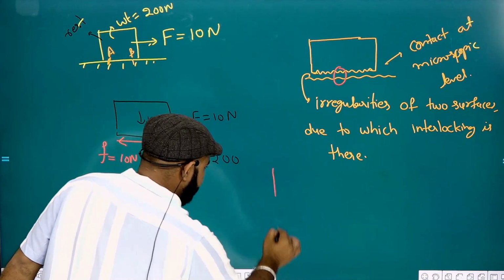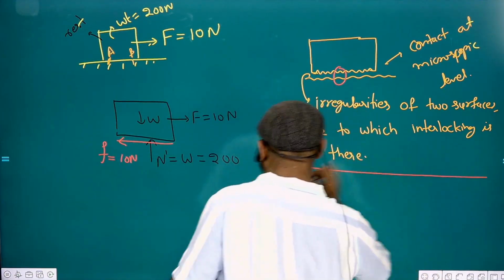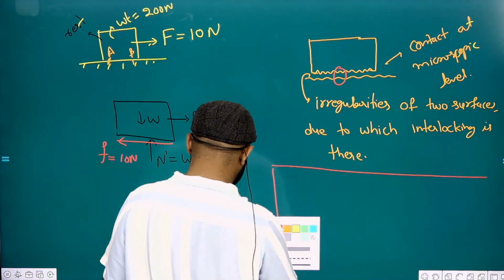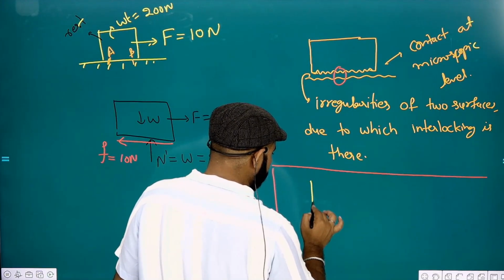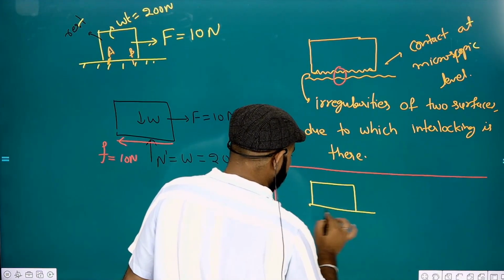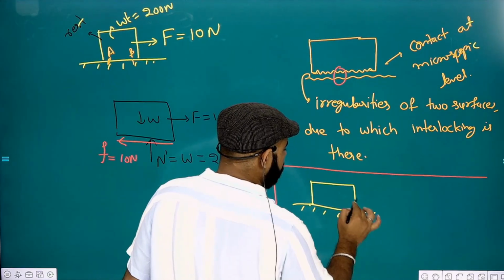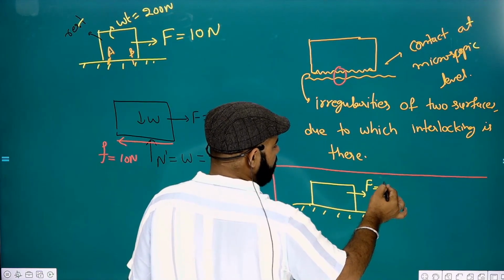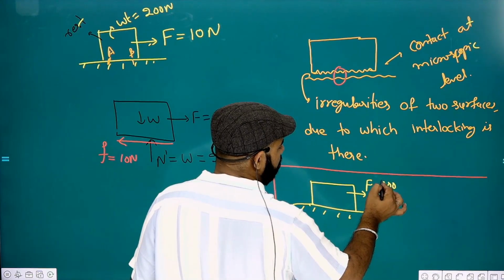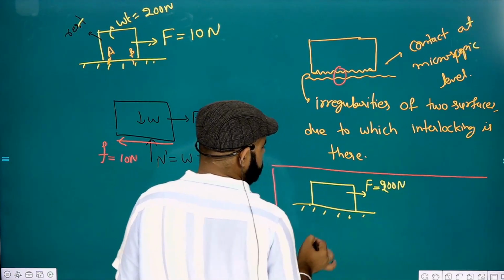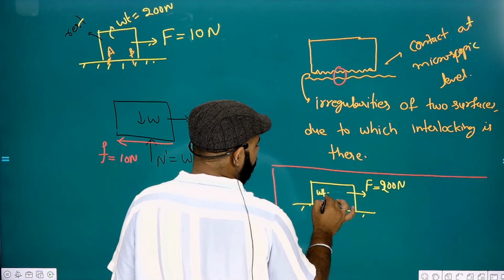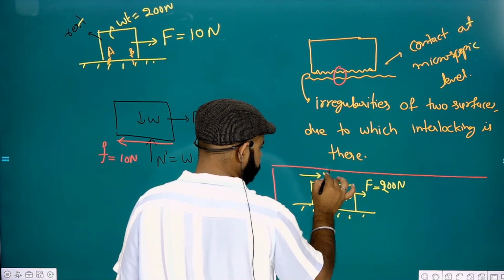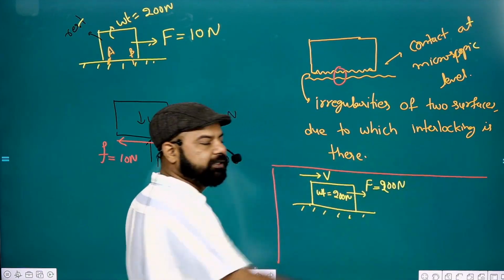So if there is motion, this is the block, and say we are applying some 100 Newton force, or say 200 Newton force. Weight of this block is 200 Newton, and this is moving in this forward direction.